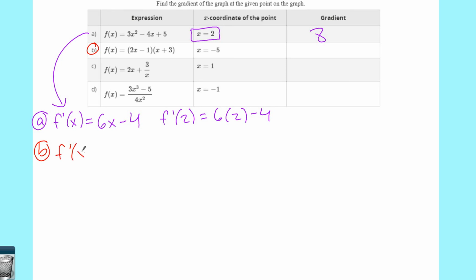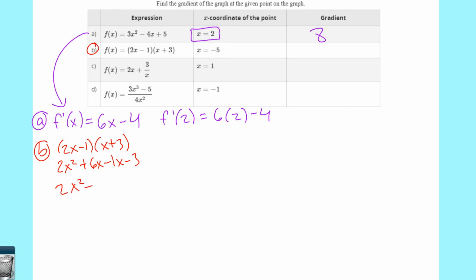So the derivative of that equation, well, first we should probably FOIL that. So before I jump into that, let's do that. 2x minus 1 times x plus 3. That's going to be 2x squared plus 6x minus 1x minus 3.